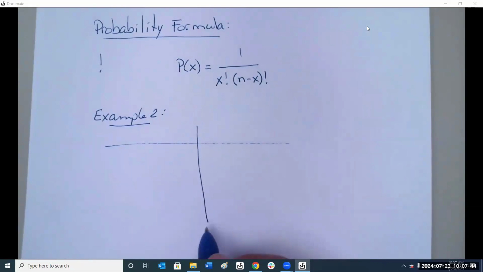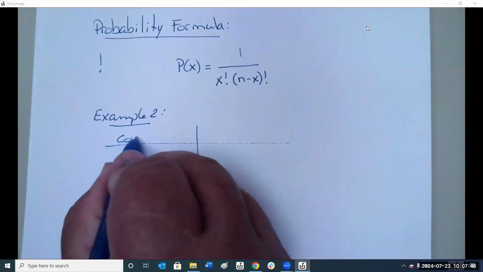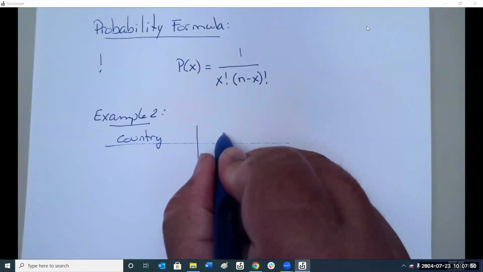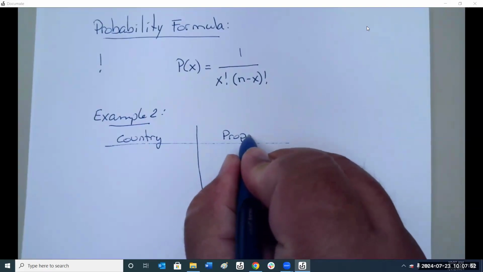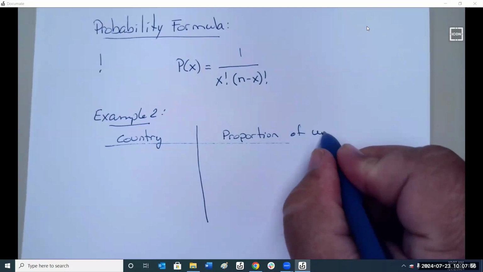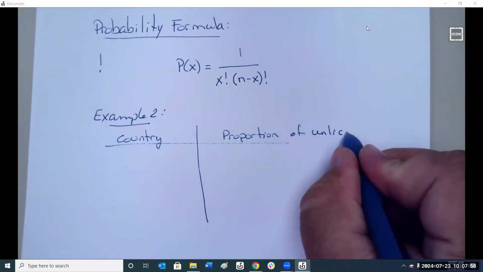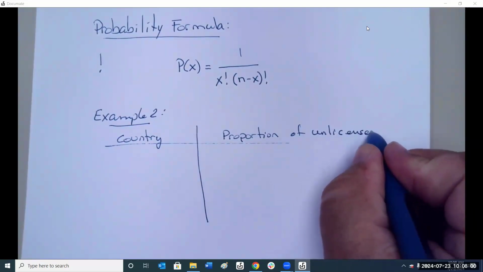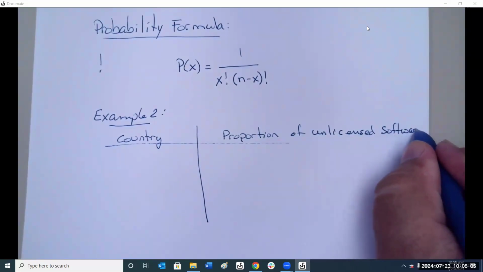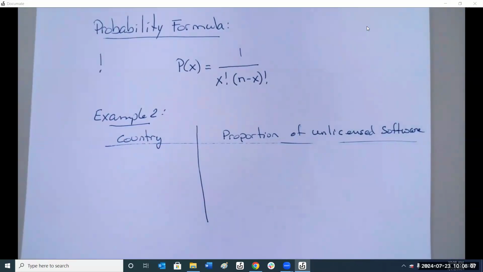There are 2 columns. The first column is the country, and the second column is the proportion of unlicensed software. In other words, they're pirated.